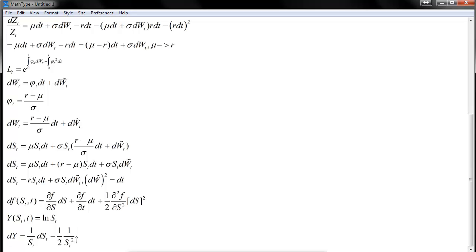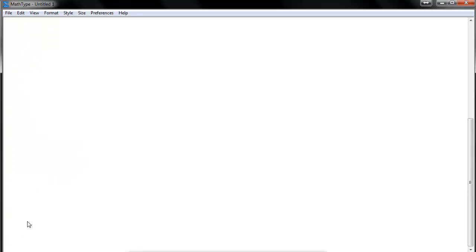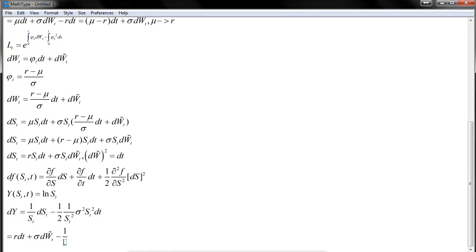So here I'm gonna have just sigma squared s squared times dt. Now take a look, this is actually equal to ds divided by s, so what I have here is only r dt plus sigma times the stochastic differential. So r dt plus the stochastic differential, minus 1/2.